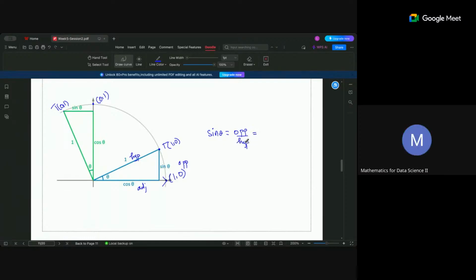So here the hypotenuse is 1, so simply the opposite side becomes sine theta. Same way, cos theta is adjacent by hypotenuse, and since the hypotenuse is 1, your adjacent simply becomes cos theta. You understand how sine theta and cos theta came? You can understand this also in a similar way.